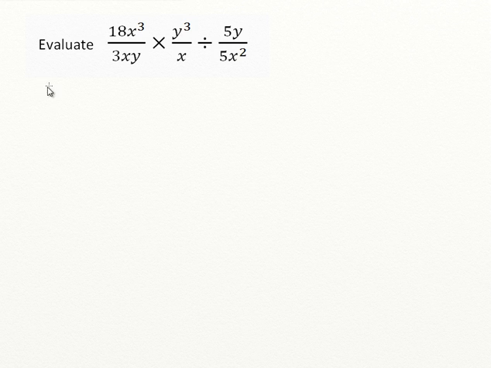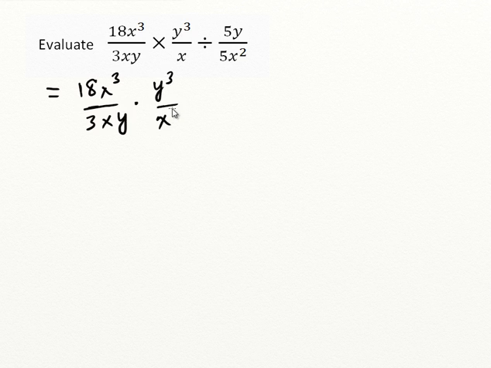Well, the first thing that we're going to do is we're going to change this division. So I'm going to go ahead and just write the first two terms as they were. And I'll just use a dot to indicate the multiplication so we don't get all the x's confused.